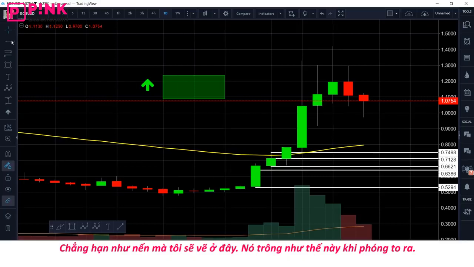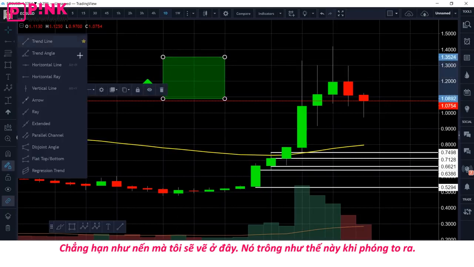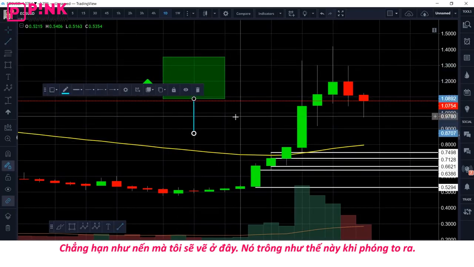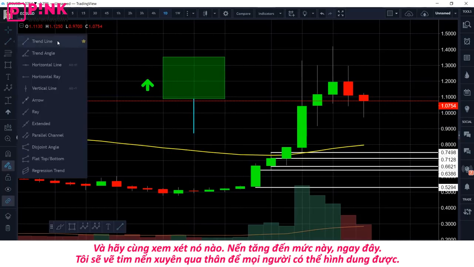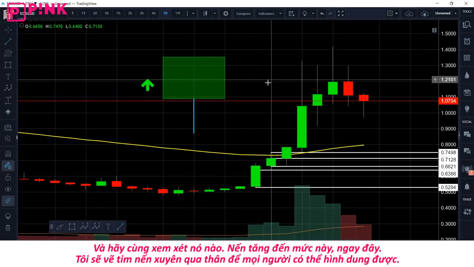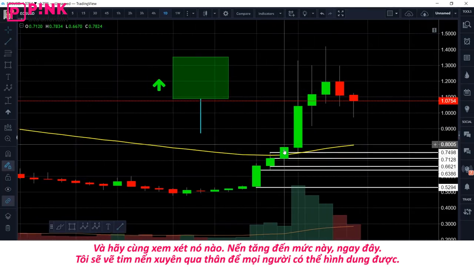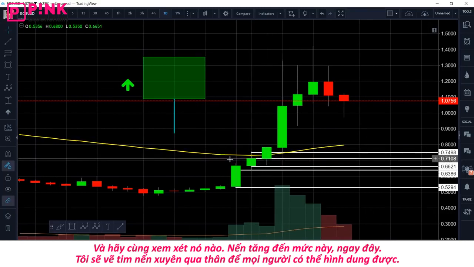So for example, guys, this candle here, which I'll draw out just roughly, right? It looks like this right here. And we'll get back to that in 2 seconds. And here, it moved all the way up to this point right here.